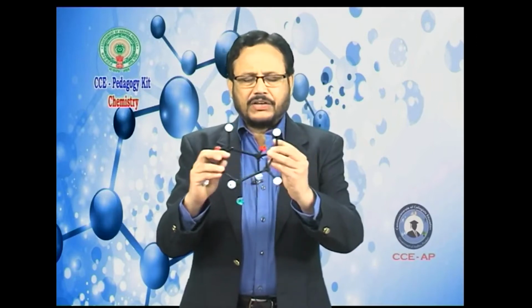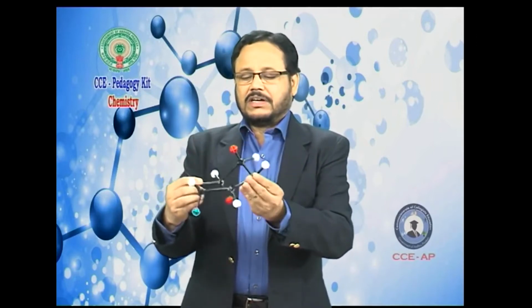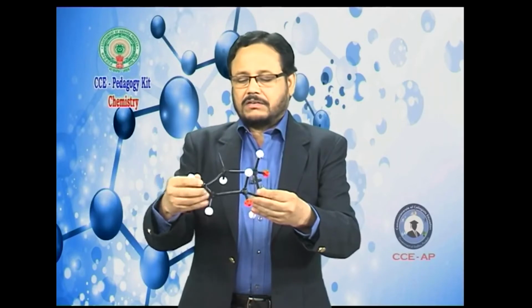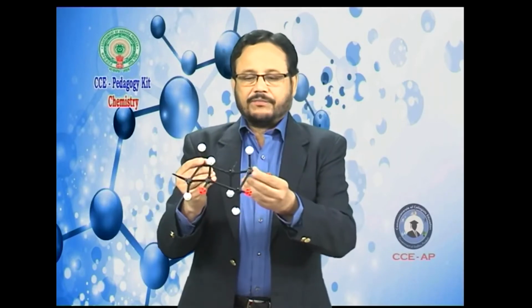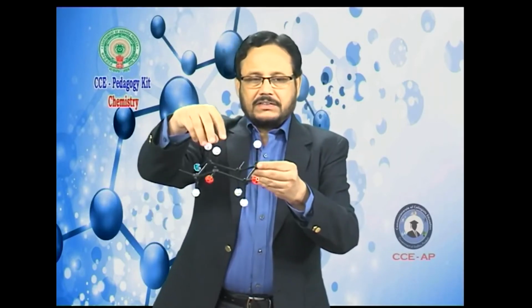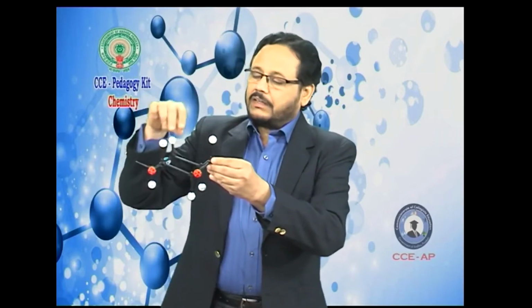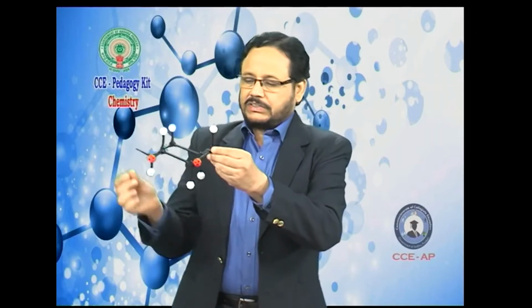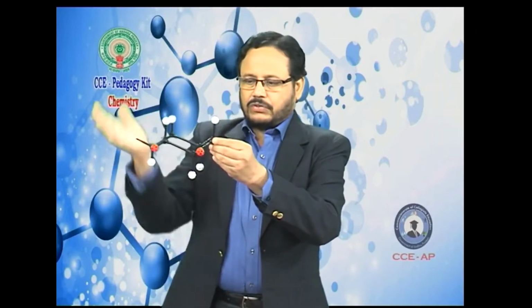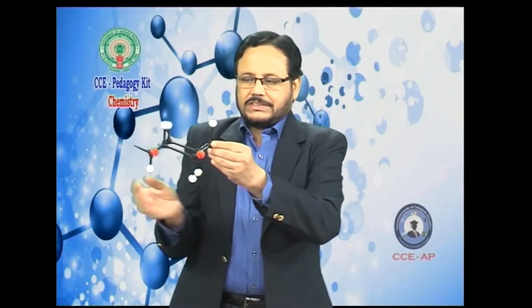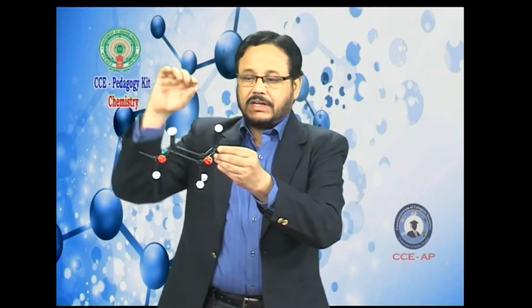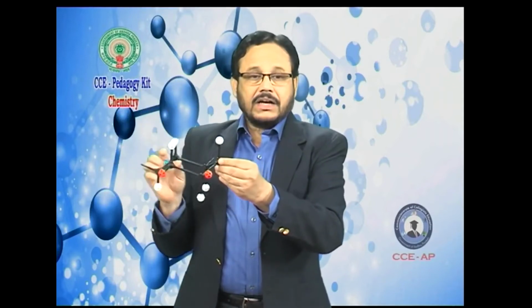Here this is the molecule where you can see the axial hydrogens. These are the axials, 3 at the top and 3 at the bottom. This is 6 hydrogens axial and the other 6 are equatorial.